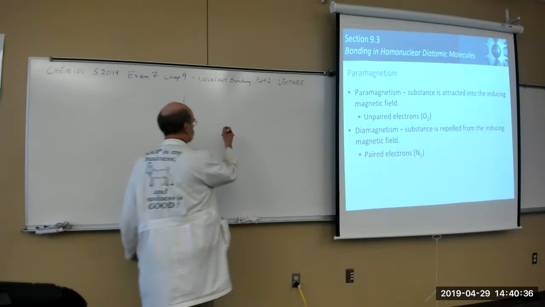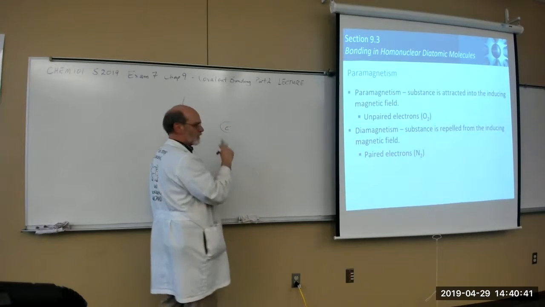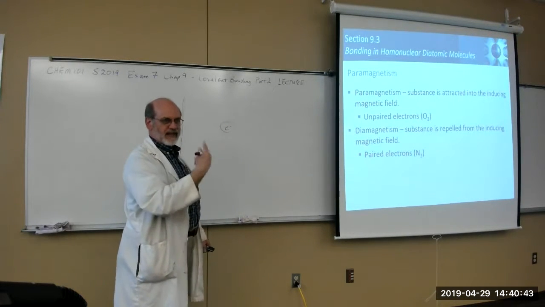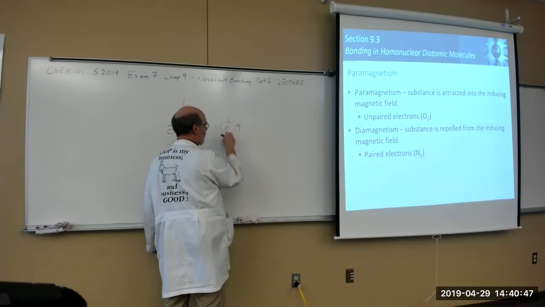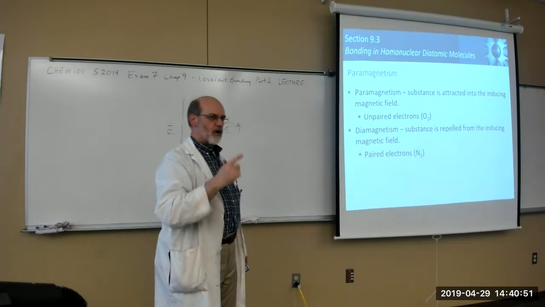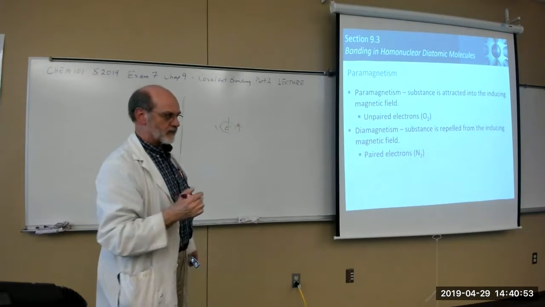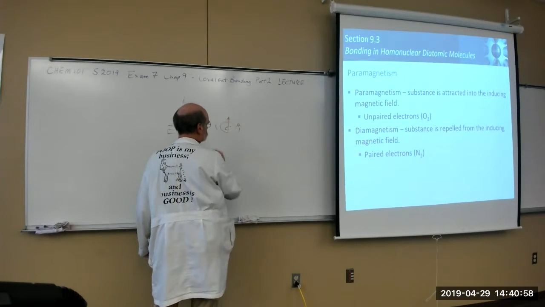So you think of an electron as a little spinning negative ball, spinning around its axis. And when you get a spinning charge, a moving charge, it generates a magnetic field.